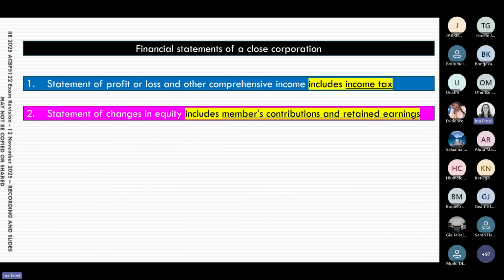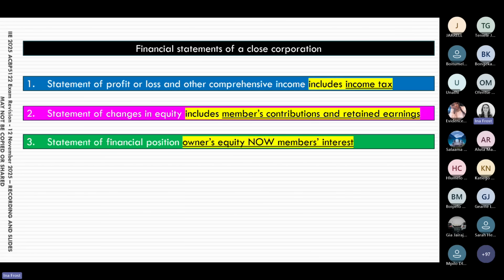Then in the statement of changes in equity, we've now seen that one looks quite different from the sole trader, and that includes now the members' contributions and the retained earnings. Then in your statement of financial position, instead of talking about owner's equity, we now talk about members' interest. So similar to the partnership, we're just tweaking the wording because now we don't have an owner, we have a member or we have a partner. So we're just changing the words there.